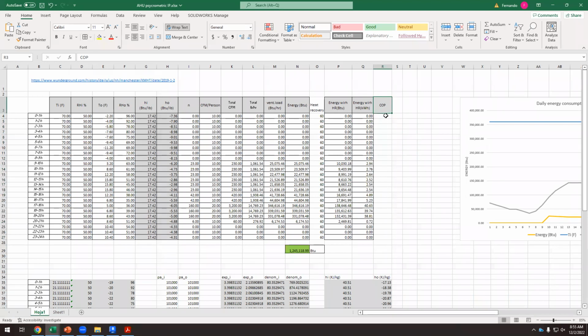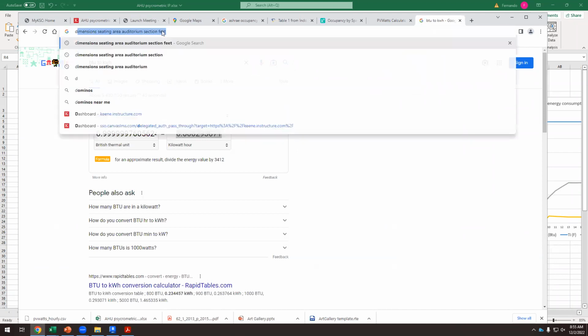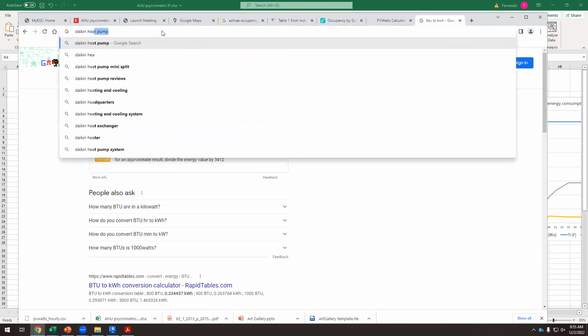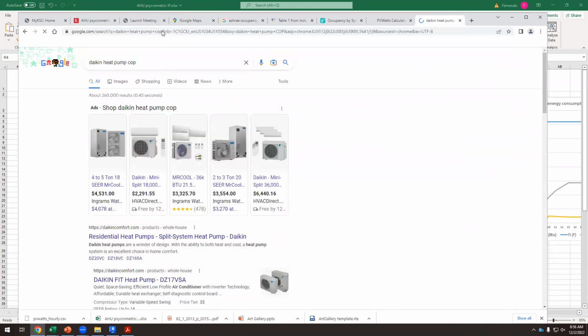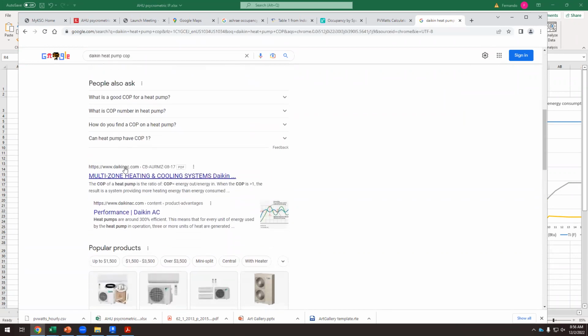So for the COP, I would need information about the system. If you remember, on Tuesday, I typed something like Daikin heat pump COP, and we should have information about this. So it's cooling.